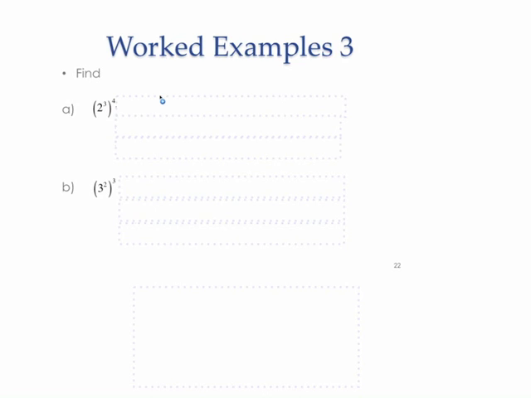Okay, we're going to go through some questions which involve what they call a power to a power. So we have a power up here, and then inside the bracket we have another power. We need to know how we are going to work this out. So the first step, we've got 2 cubed. Okay, so that's just 2 times 2 times 2.